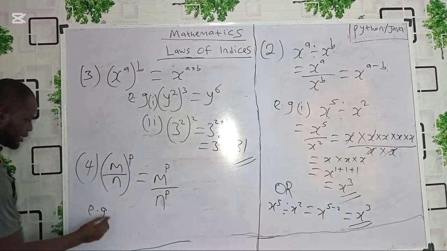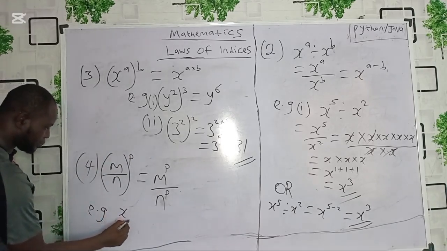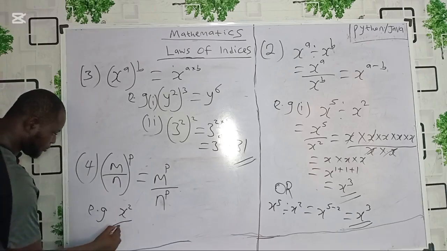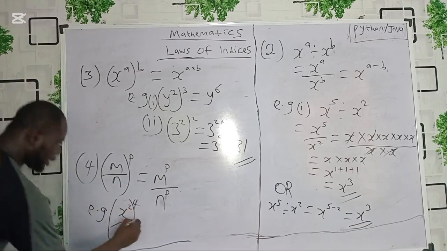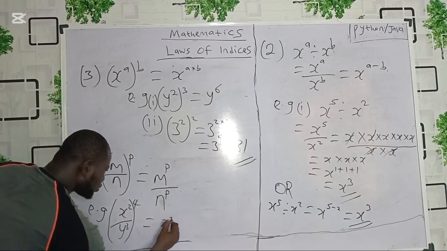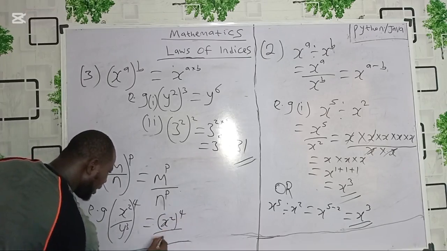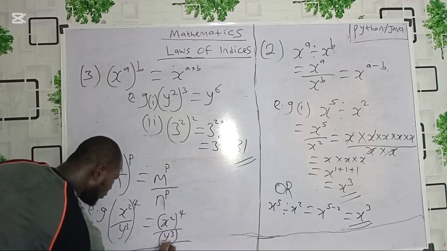Example here, if I am to simplify x raised to power 2 divided by y raised to power 3, then everything raised to power 4. Beautiful. This one will now become x raised to power 2, raised to power of 4 divided by y raised to power 3, then raised to power of 4.